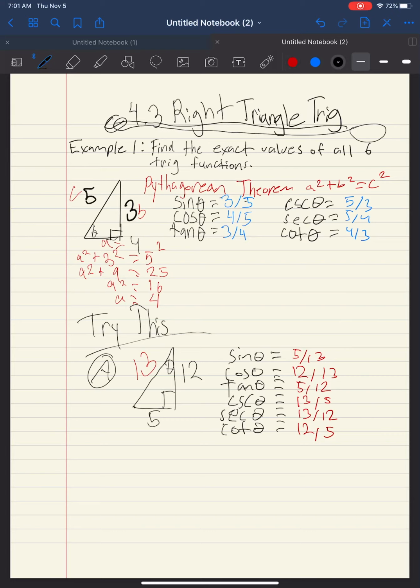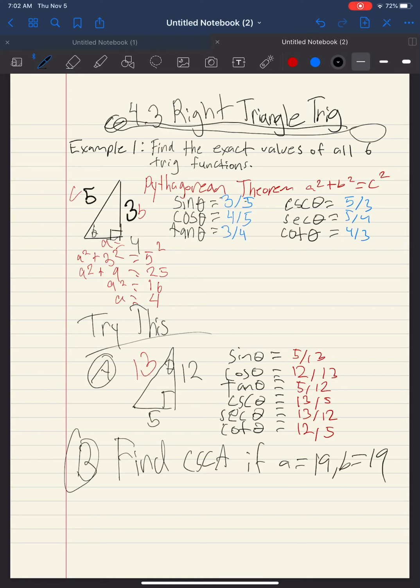All right. I also want you to try this one. This one's going to be a little more tricky. And it's asking you to find cosecant of theta if A equals 19 and B equals 19 in triangle A, B, C, and C equals 90 degrees.